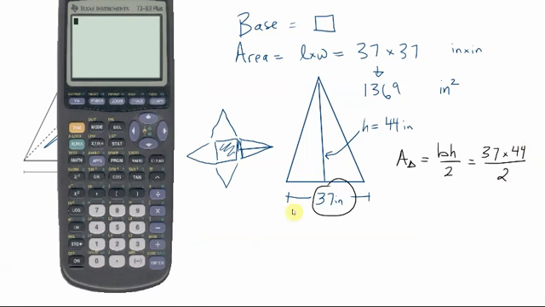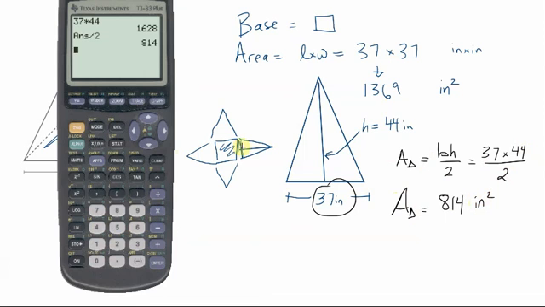It's going to be 37 times 44, hit enter, divide by 2. So this gives us the area of one of those triangles. The area of one triangle is going to be 814. And we still have inch times inch, so inch squared.